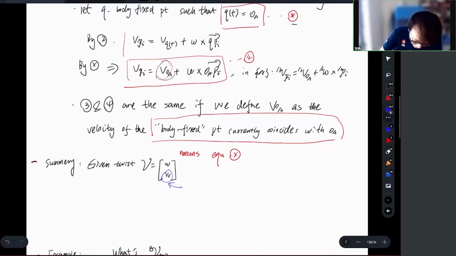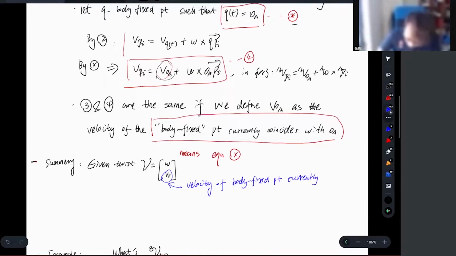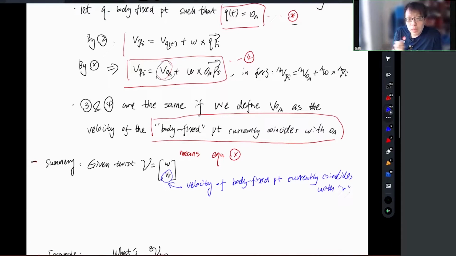This guy is the velocity of body fixed point currently coincides with R. Okay, R may not be body fixed or may be body fixed.